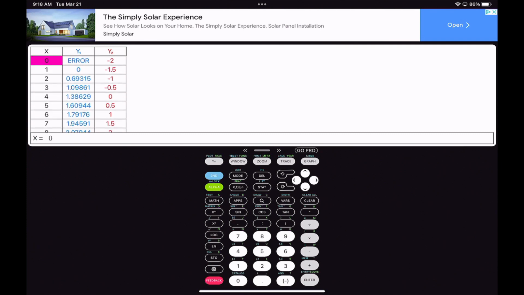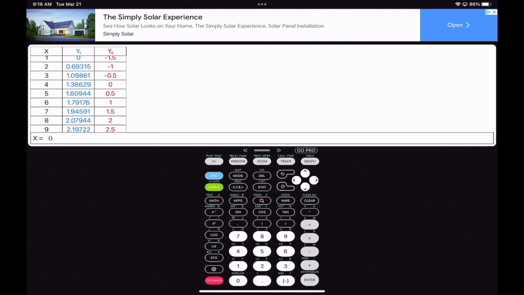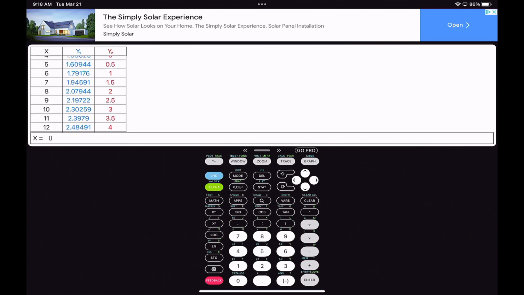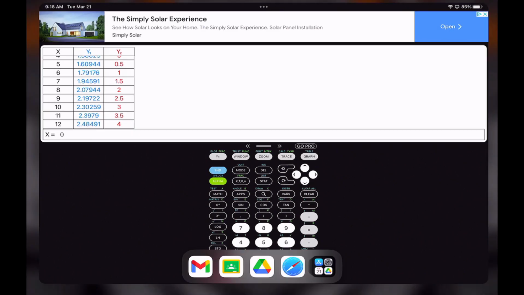You can make it small, you can make it big, but you can't change the sign. So eventually they cross around 7 point something, 8 point something. They cross, and we can find that using the calculator, right?